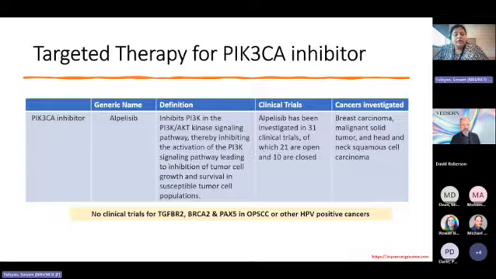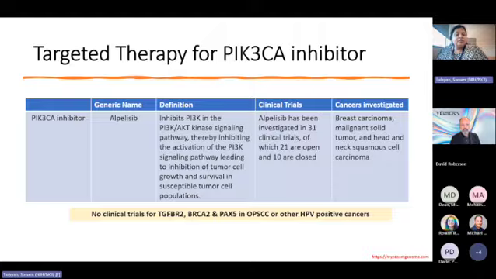We wanted to look for the therapies which are ongoing in clinical trials for any of the mutated genes which we found in our sample, and we found that there is only one drug, alpelisib, which is given as a PIK3CA inhibitor, and 31 trials are going on, out of which 21 are open and 10 are closed.